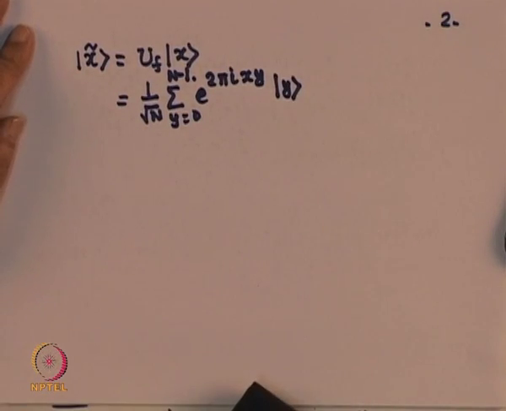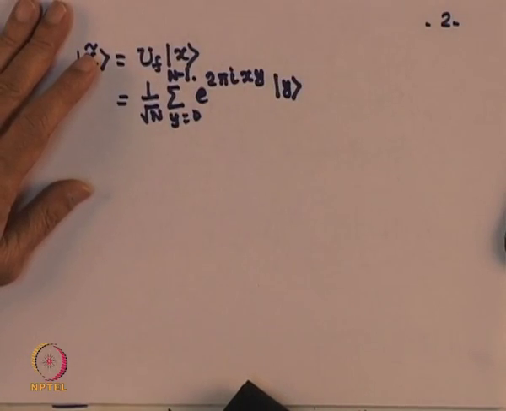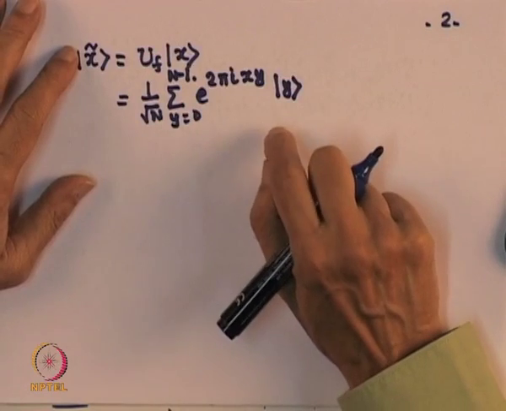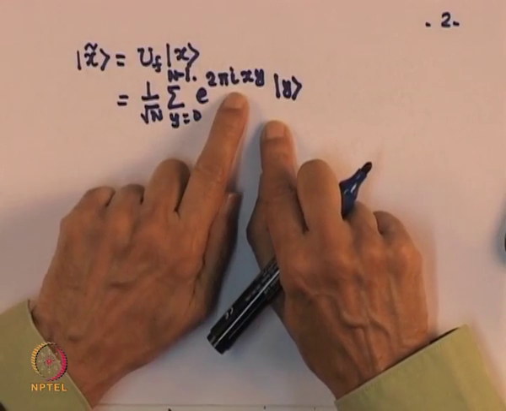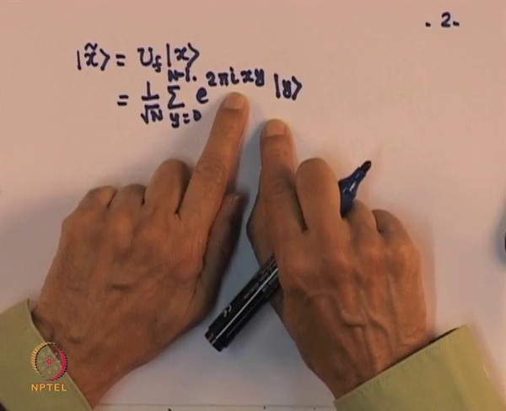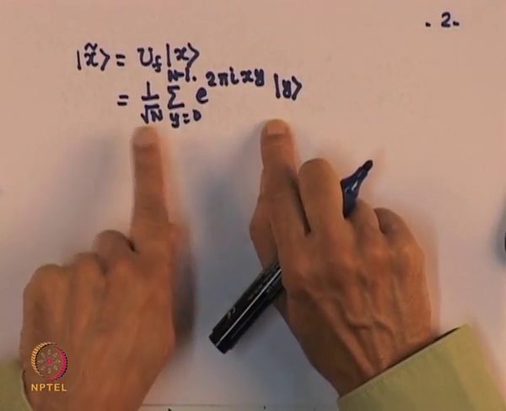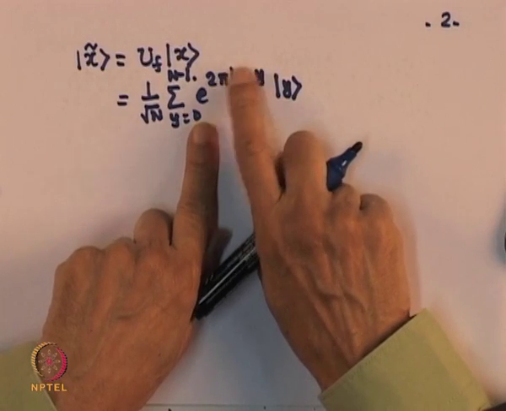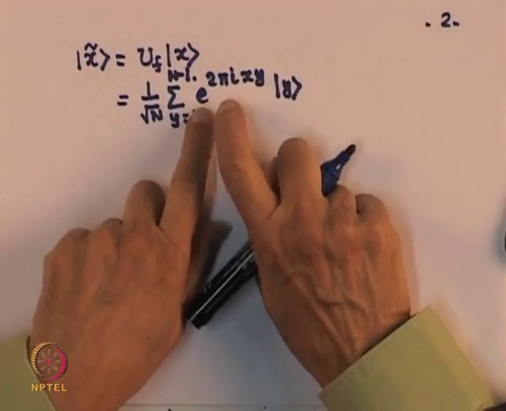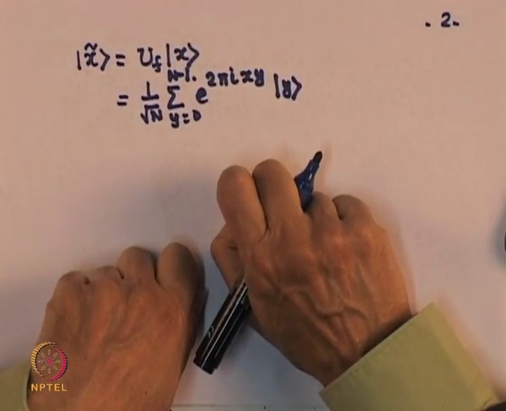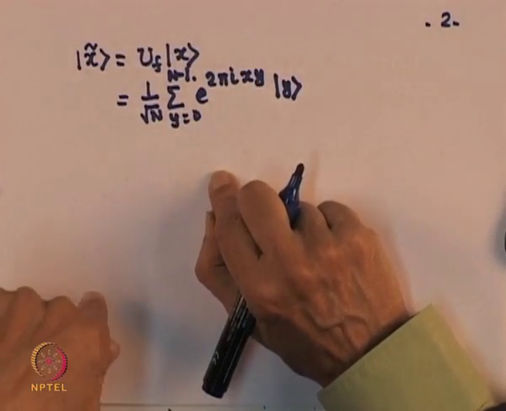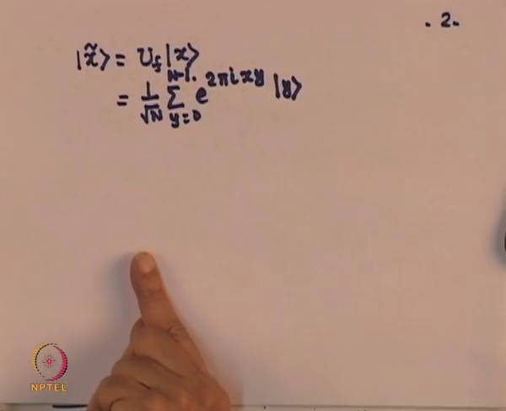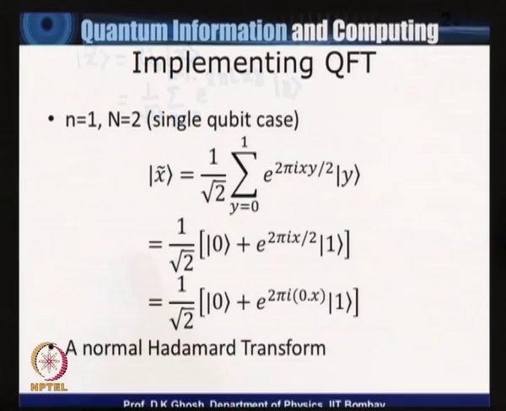Now this is also a linear combination of the basis states, but unlike the Hadamard transform, the coefficients here are not equal and they are not unity, and in fact they are complex. But these are all unimodular, because e to the power 2 pi i xy over N has modulus equal to 1.